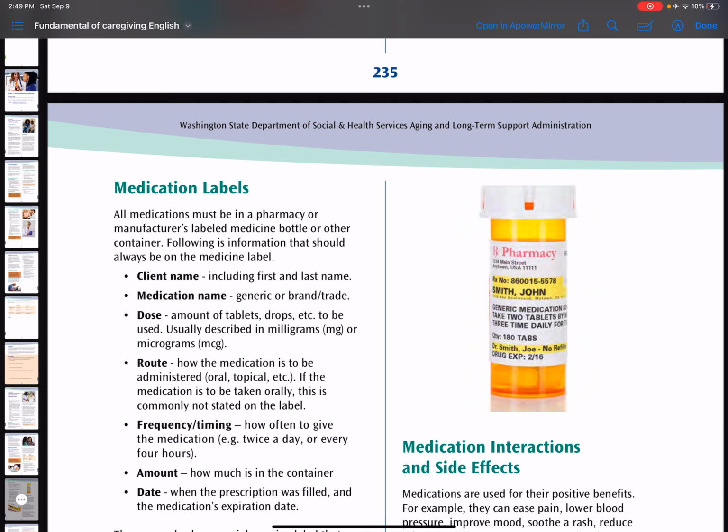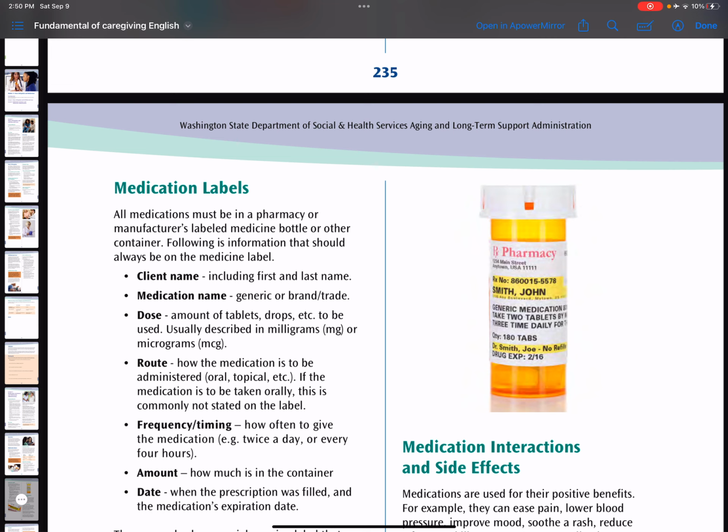That's called medication interaction, and it brings unwanted side effects. So as caregivers, you need to know what the side effects usually are, and read the label that comes with the medication, and read what kind of foods we should avoid and what kind of side effects we are expecting. We can read on the bottle. They usually write them. We usually say you have to watch for the side effects.